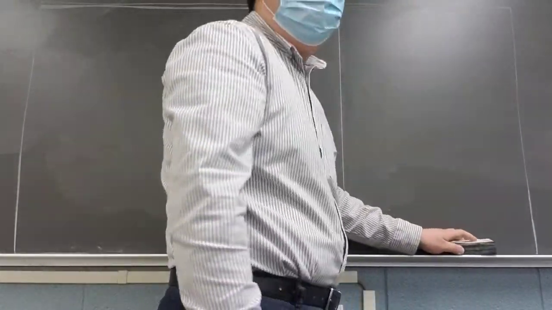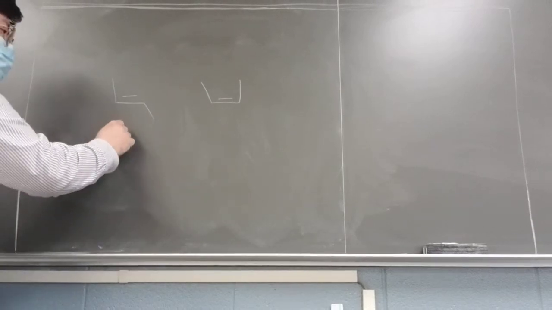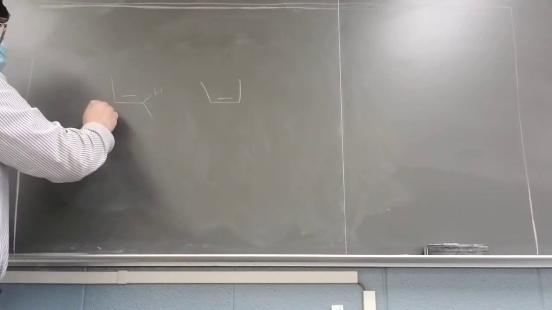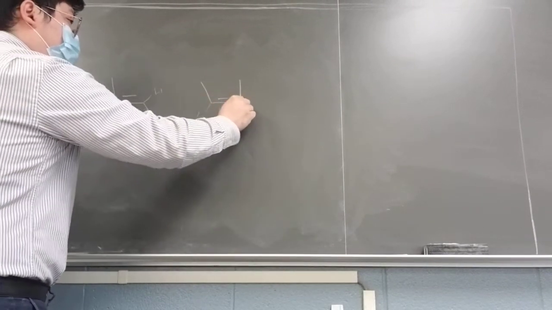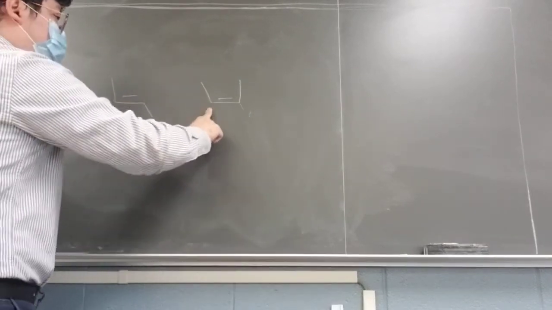All right, so the next one. Oh, this is also important. So this is trans, and you have a cis. You can see that I'm not drawing the carbon-hydrogen here, but you can see this is trans. You see the implied hydrogen here, but this is trans and cis.